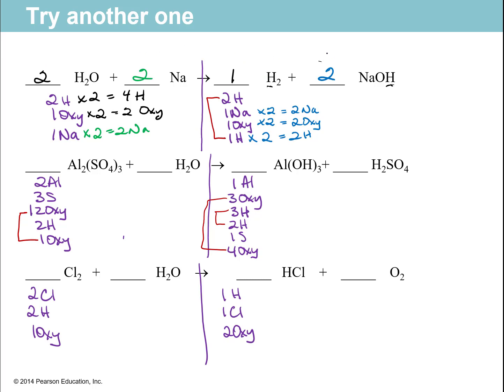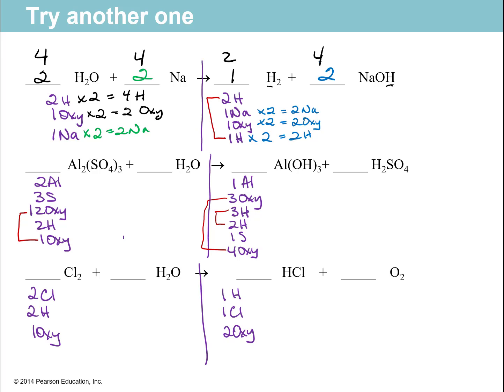All right, so let's try the second one. So, which did you choose to balance first? Oh, go ahead. Okay, so if you get this, do you see that it's right? If you went back and counted, you would just have twice as many and it would be fine. But when you balance an equation, you always want the simplest whole number ratio.